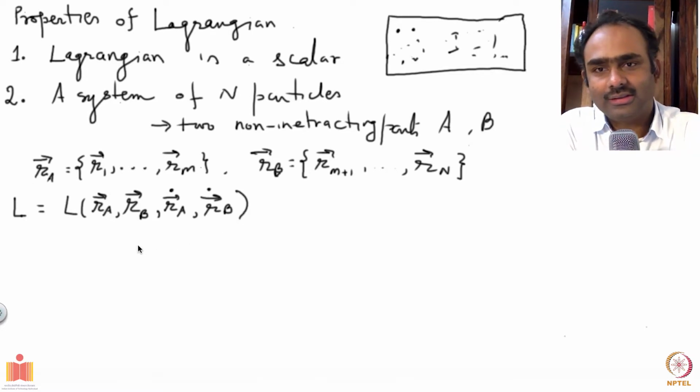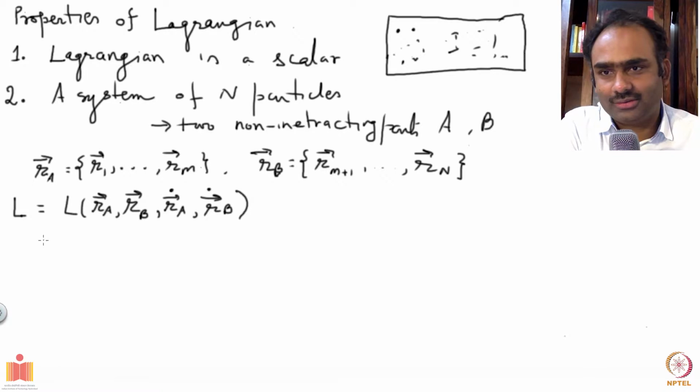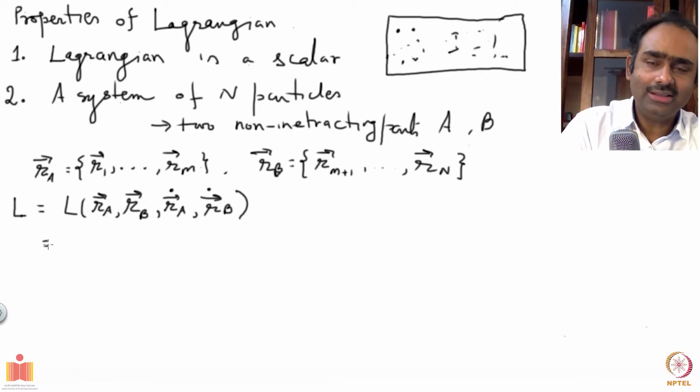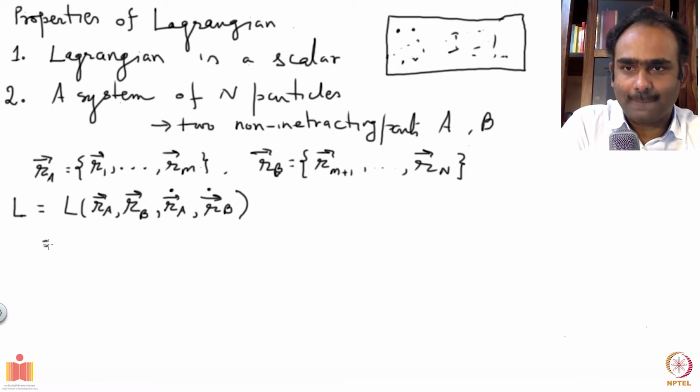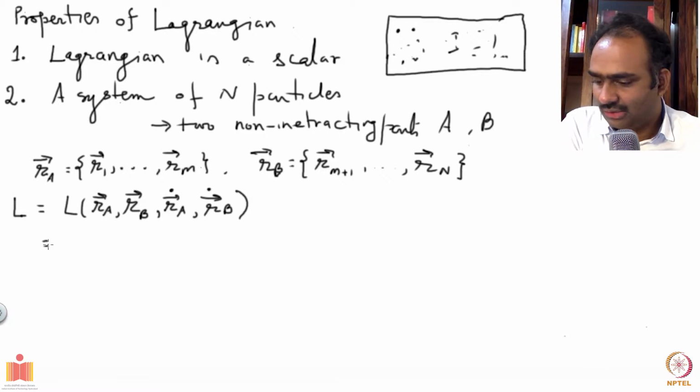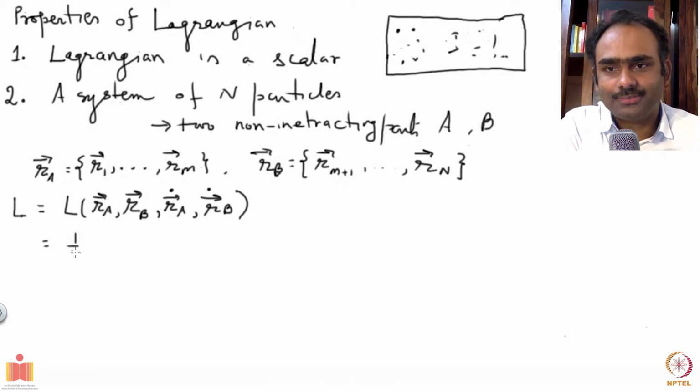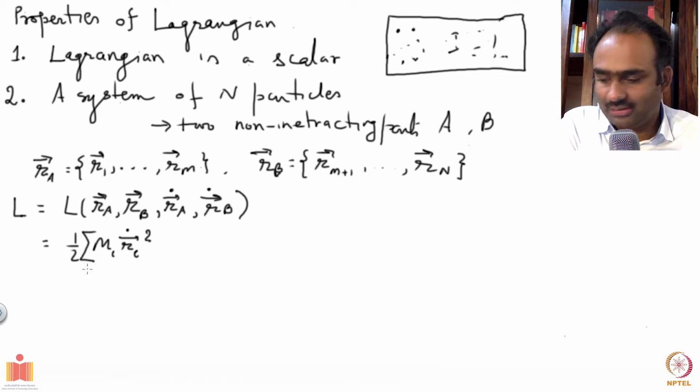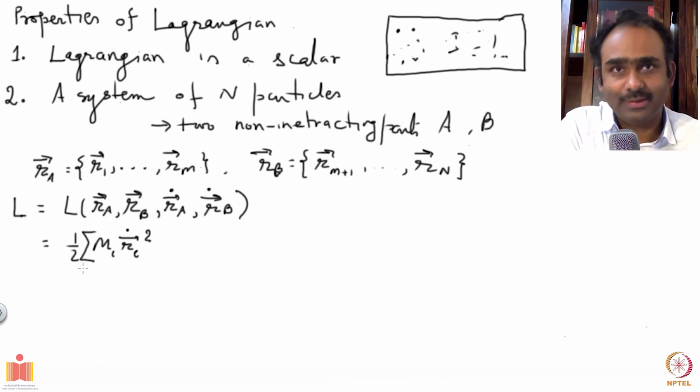Now this, you know what form it has. It has the form of kinetic energy minus the potential energy. So I will write it as the sum of half m_i r_i dot squared, and I have to sum over all the particles, but I will split this sum into two parts. I will split because I can. This is an ordinary sum.